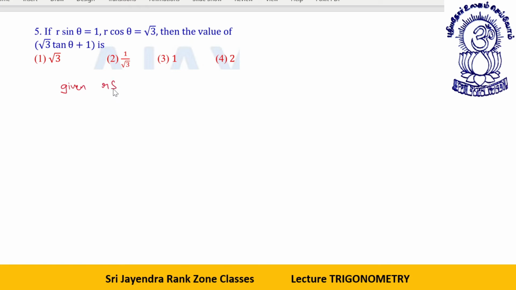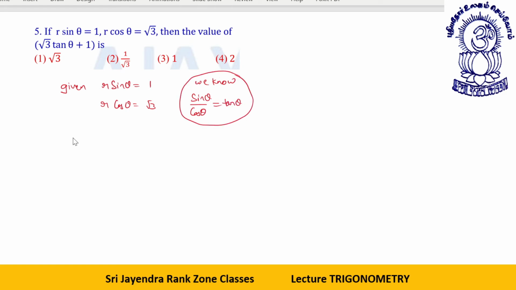Given r sine theta is equal to 1, r cos theta is equal to root 3. You have to find the value of root 3 tan theta plus 1. Just one small thing we know: sine theta by cos theta is equal to tan theta.